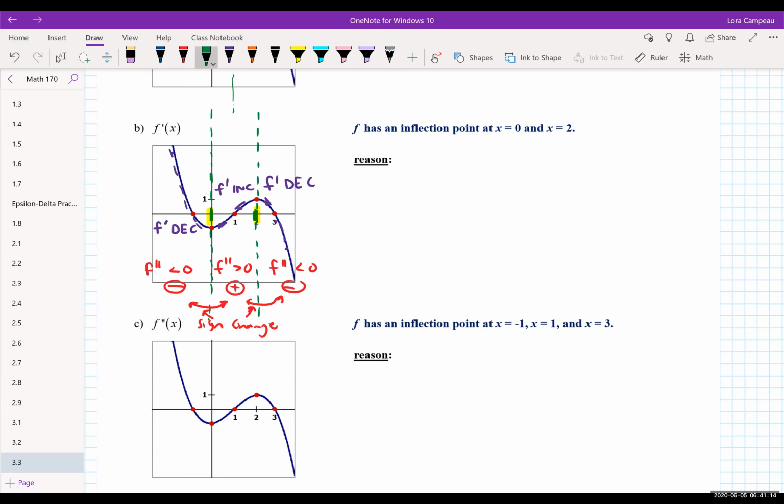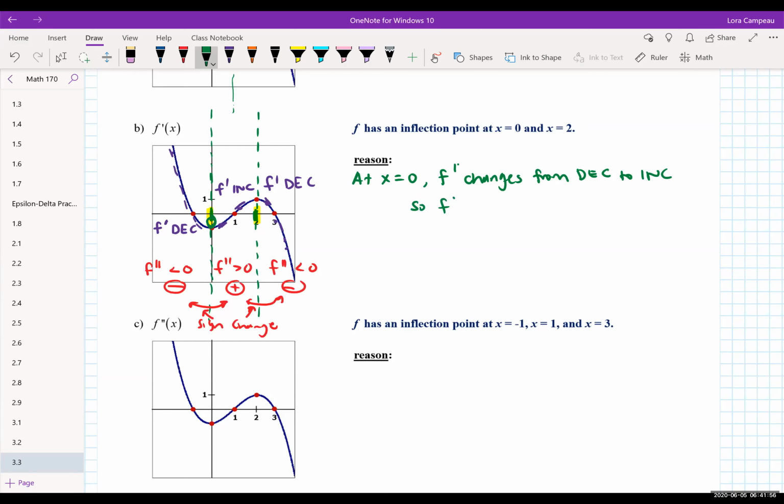So let's first consider x equals 0. We're going to use the first derivative to describe how we're getting the concavity and the inflection points. So at x equals 0, the first derivative changes from decreasing to increasing. Remember, that gives us information about the second derivative. So what does that say?